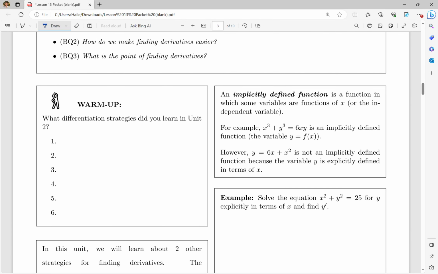So let's start with the warm-up and review the differentiation strategies that we learned in Unit 2. First of all, we had sums and differences, which we did term by term. We had the constant multiple rule, which meant constants go along for the ride.